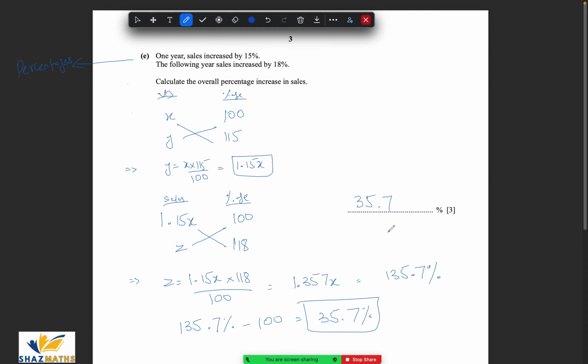Okay, now there are two ways again. Either we do it this way, that we've assumed the original as 100% and we have calculated the first increase and then the second increase and then we subtracted it.